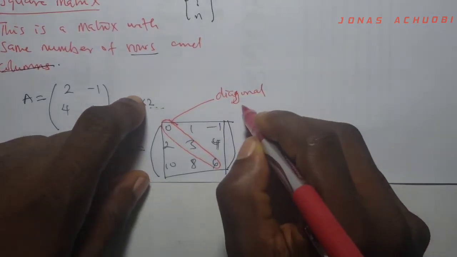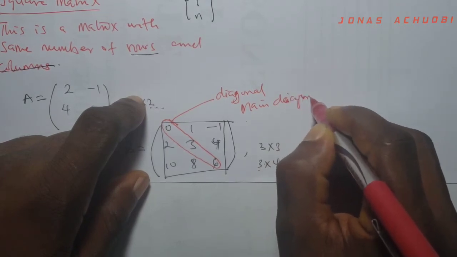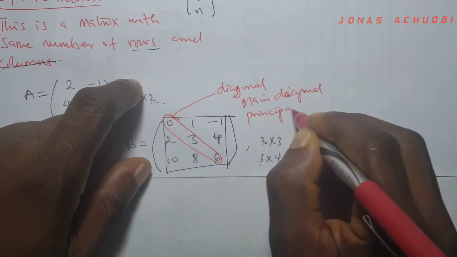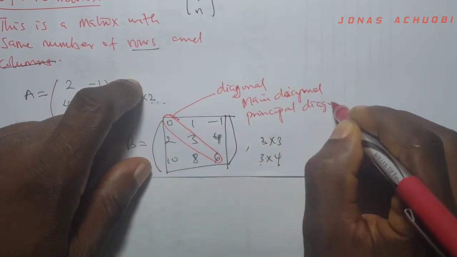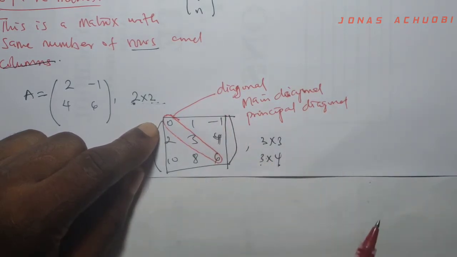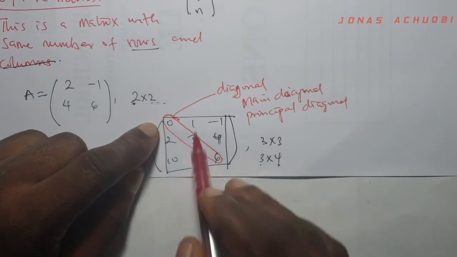Other times we call them the entries of the main diagonal, or sometimes the principal diagonal. So these entries 0, 3, and 6 have a special name.